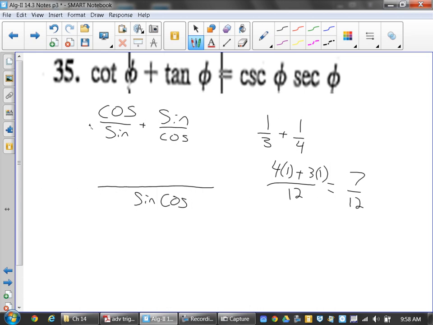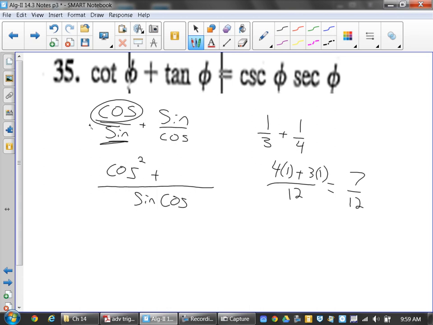Same exact idea when you have the word cosine or sine thrown in. If the denominator is going to be cosine times sine, this fraction has the sine, but what did it need to be multiplied by? Cosine. That's why I get cosine squared.